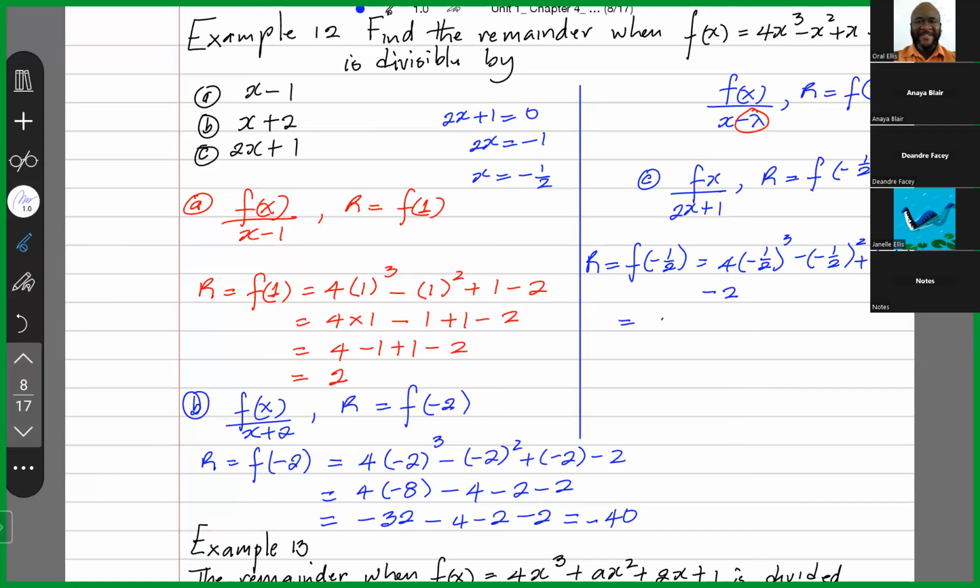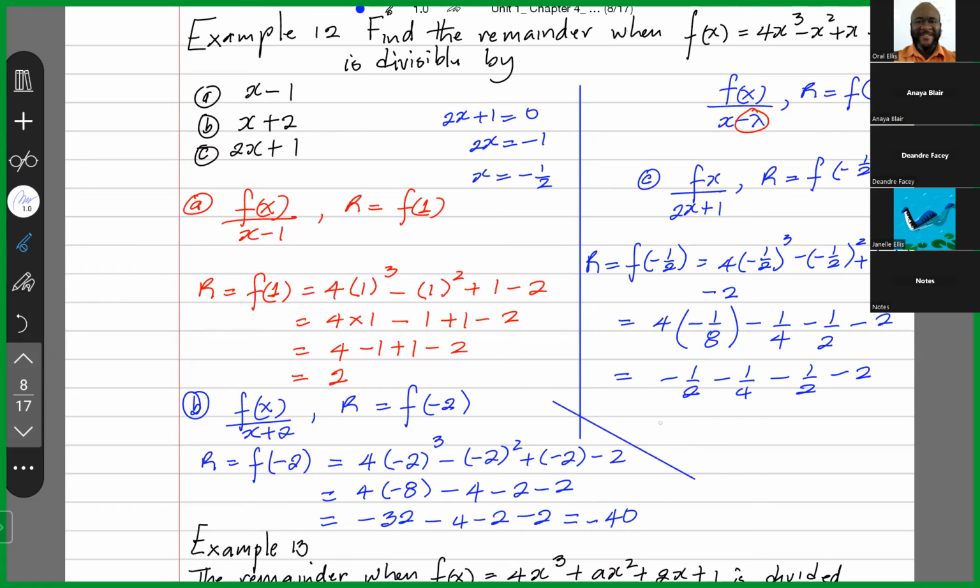This would be equal to 4 times minus 1/8, minus a quarter, because minus a half times minus a half is a quarter. A positive times a negative is a negative, a half, and then minus 2. Simplifying, we have 4 times minus 1/8 is minus a half, minus a quarter, minus a half, minus 2.